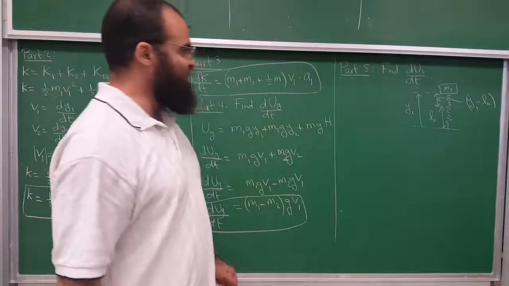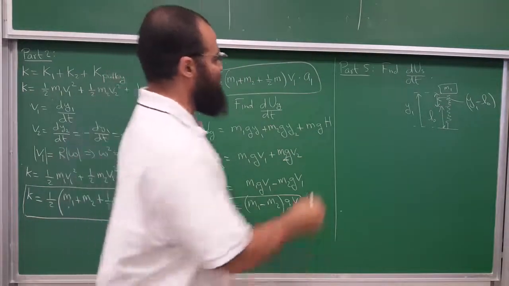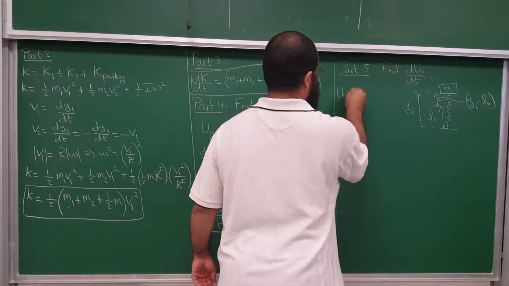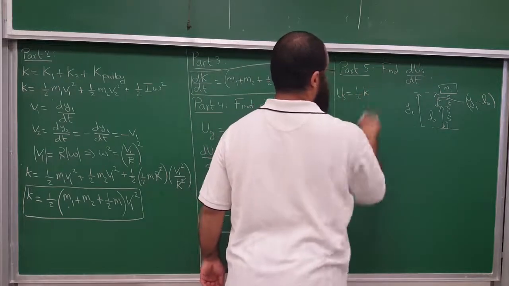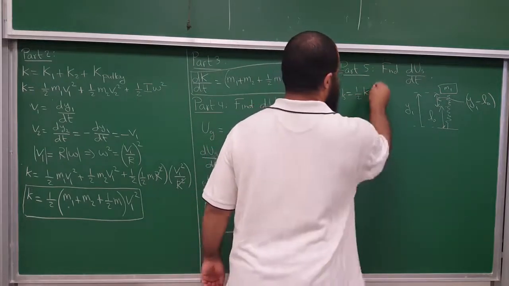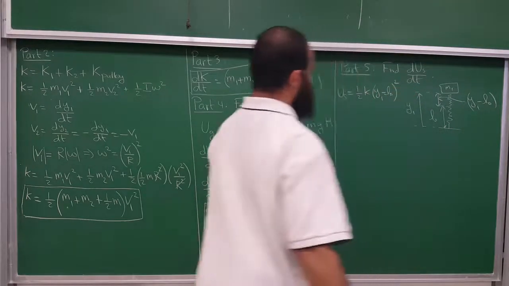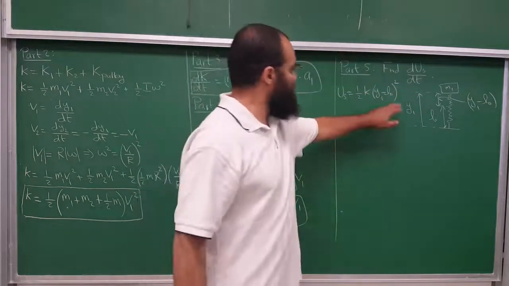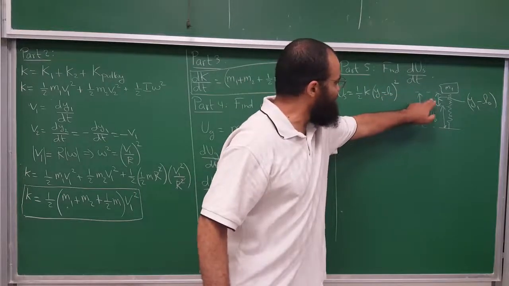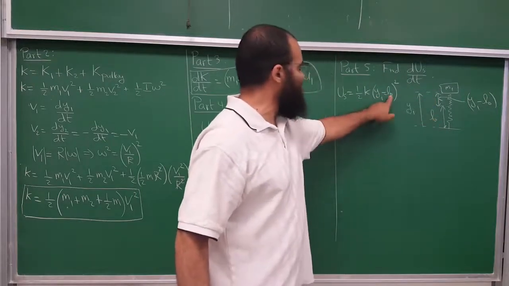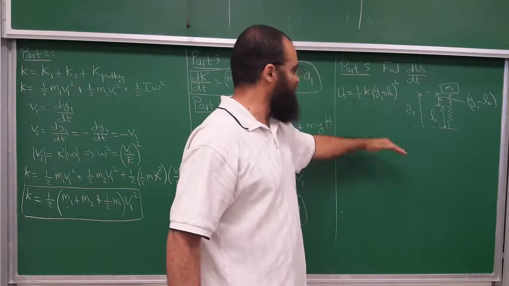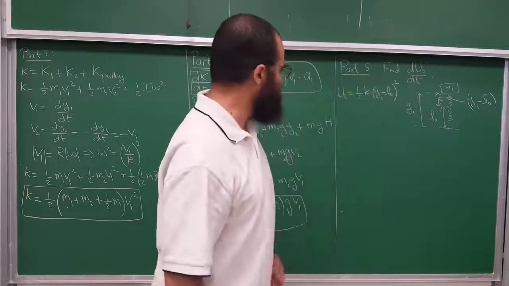And we want to take the time derivative of the potential energy stored in the spring, which will be 1/2 k times the amount by which you stretch it squared, which is y1 minus L0 squared. If it's compressed, y1 minus L0 would be negative, but when you square it, it's positive anyways.